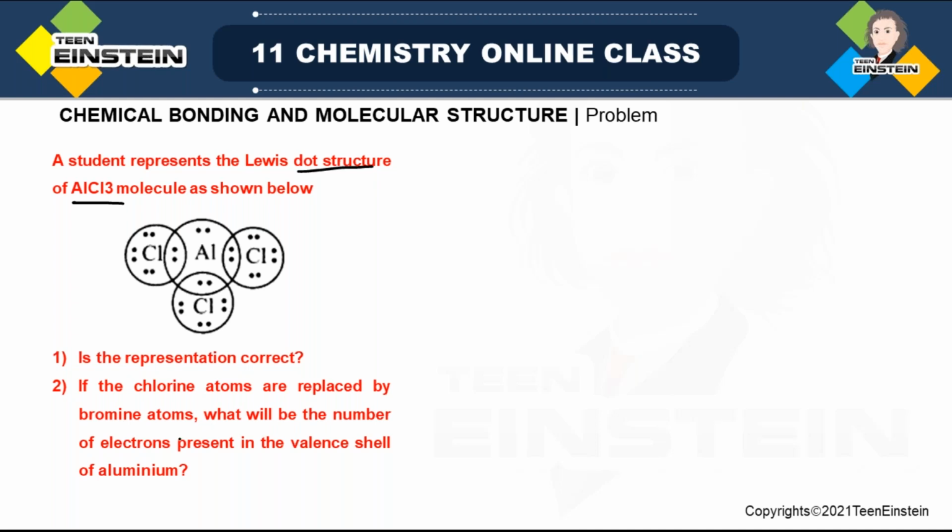And the second question is, if the chlorine atoms here are replaced by bromine atoms, that means the molecule will now be AlBr3, what will be the number of electrons present in the valence shell of aluminum? We'll obviously come to the first question first.